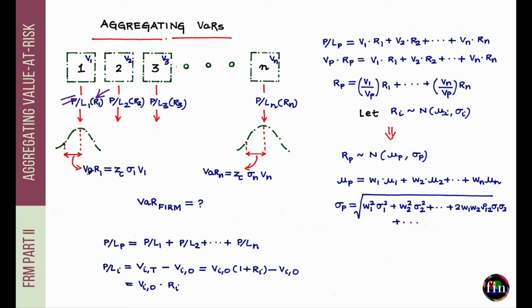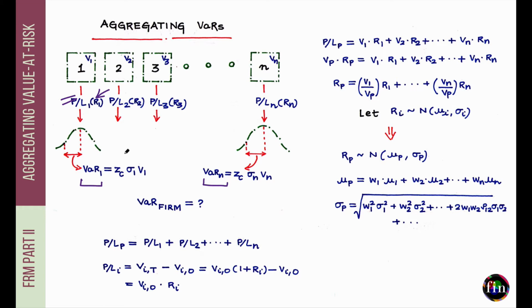To make it even simpler, you can assume that the VaRs are estimated using an assumption of a zero mean. So let's assume that each of these divisions are working with returns. Let's next assume that each of these divisions are imposing a normal distribution assumption on these returns, and based on a chosen confidence level, each of these divisions are estimating the VaRs to be these amounts.